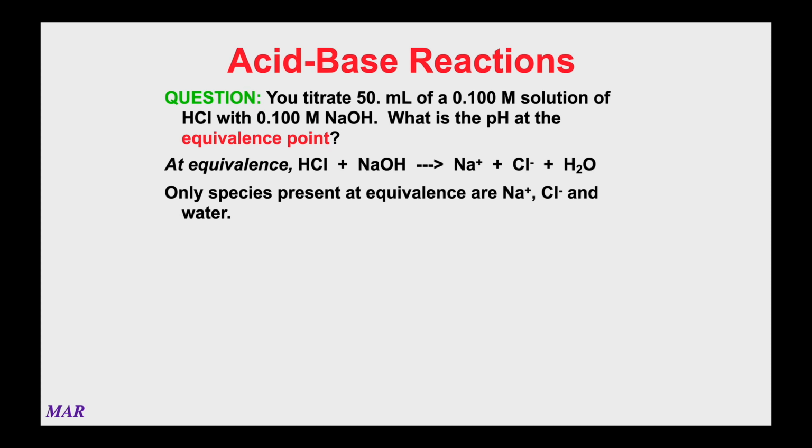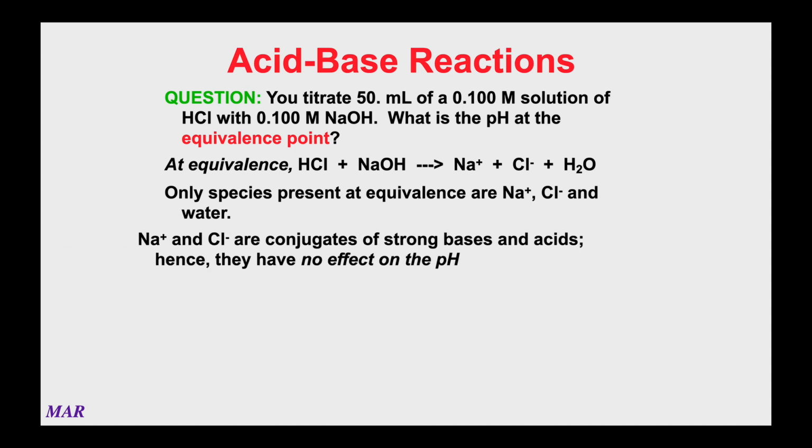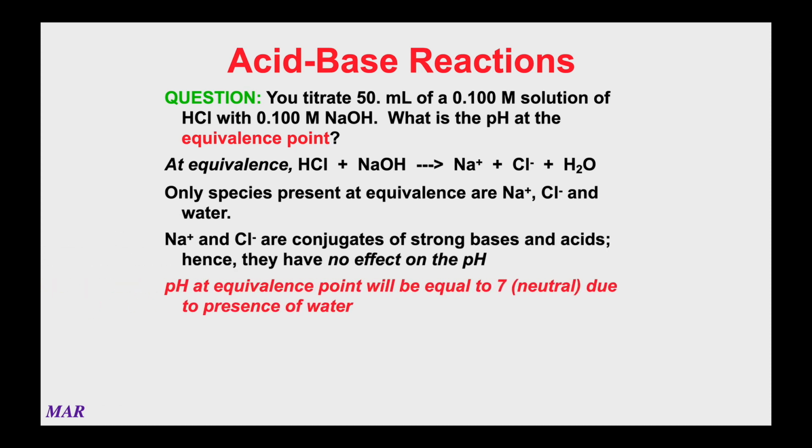Now, sodium and chloride ions are some of the pH neutral ions we looked at in the last section. They don't affect pH. All of the conjugates of strong acids and strong bases don't affect it. So that would also include nitrate, potassium, all that kind of stuff. Sodium and chloride have no effect on pH.